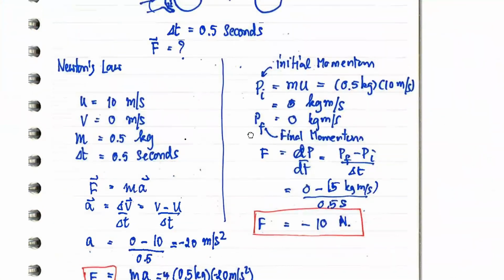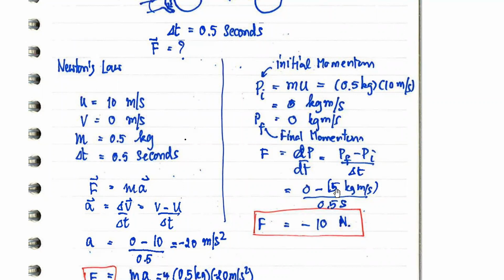You can solve it with the concept of momentum also. The initial momentum is the mass times the initial velocity, so it is 0.5 times 10, or 5 kilogram meters per second. Final momentum is 0. It stopped. So the force is dp by dt, which is pf minus pi over delta t.